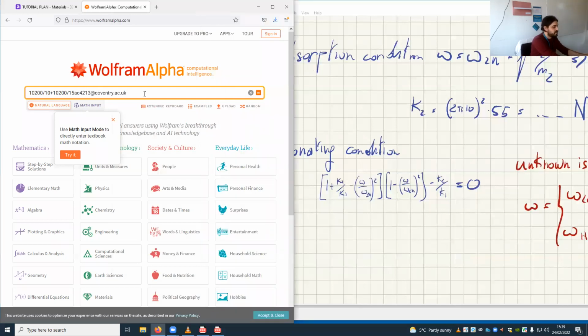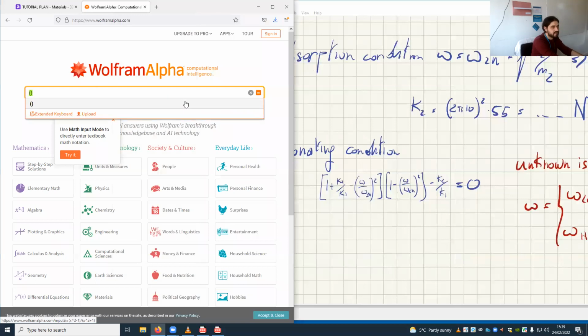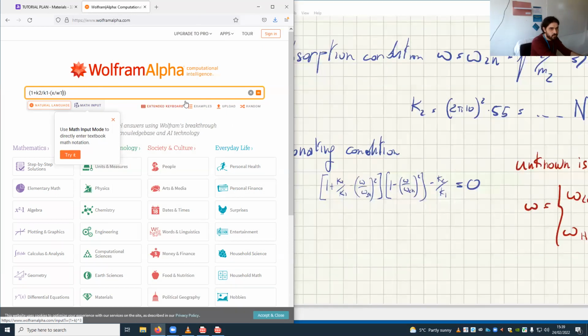So this is open bracket 1 plus K2 over K1 minus X. X is my unknown, so I'll call it X, divided by omega 1n, omega 1 all squared, times 1 minus X over omega 2 all squared, minus K2 over K1 equals 0.